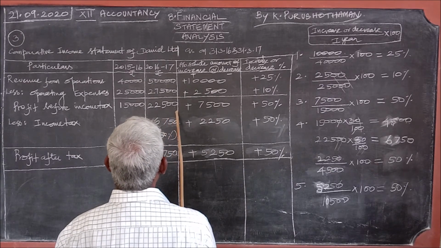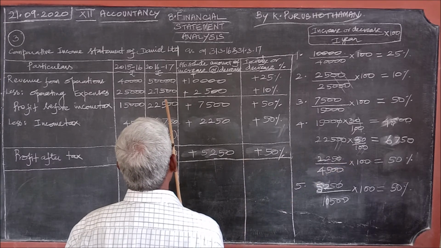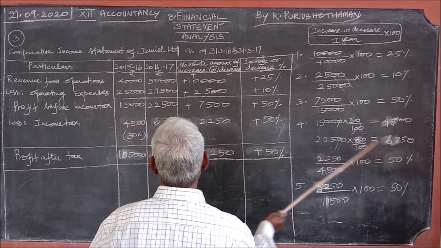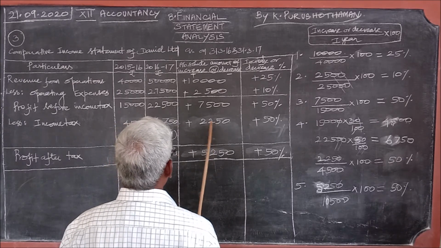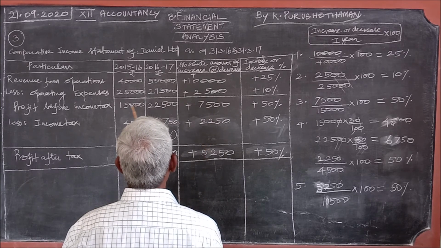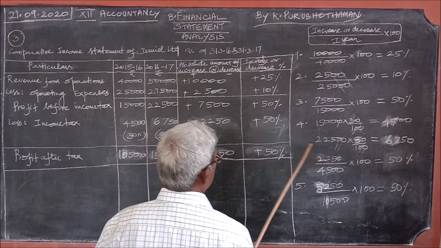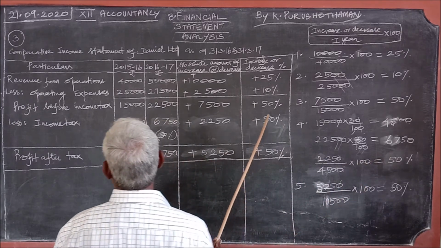For 22,500, 30%, then 6,750 written below. How much is the increase in income tax? 2,250. So 2,250 increase by first year into 100. That is 50% increase.